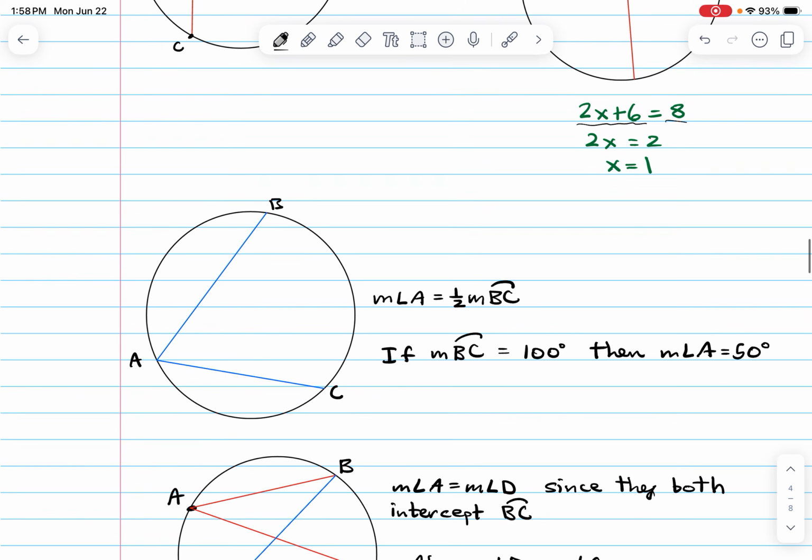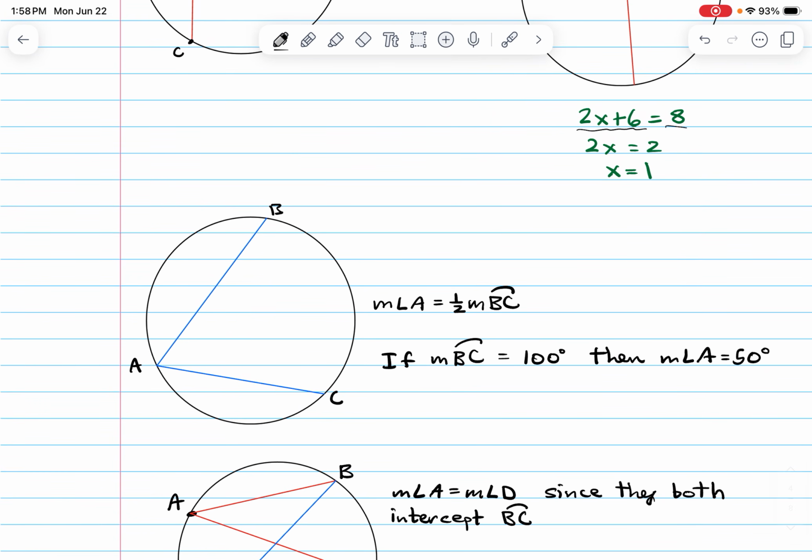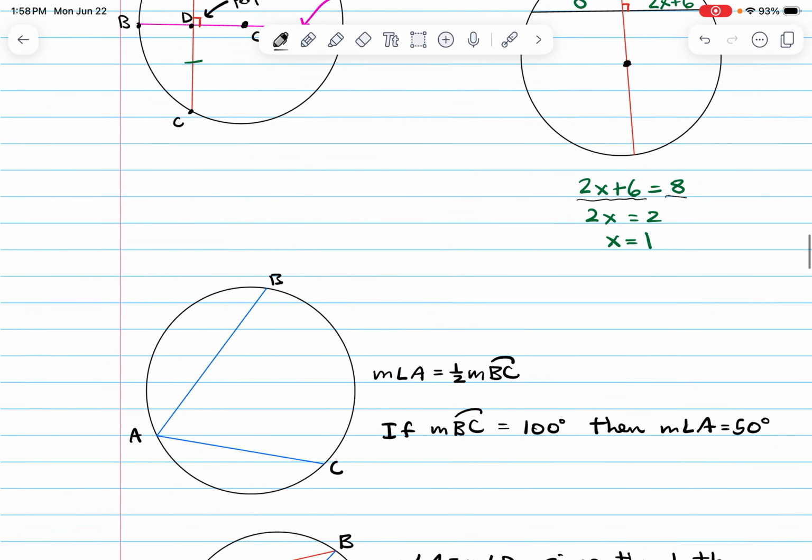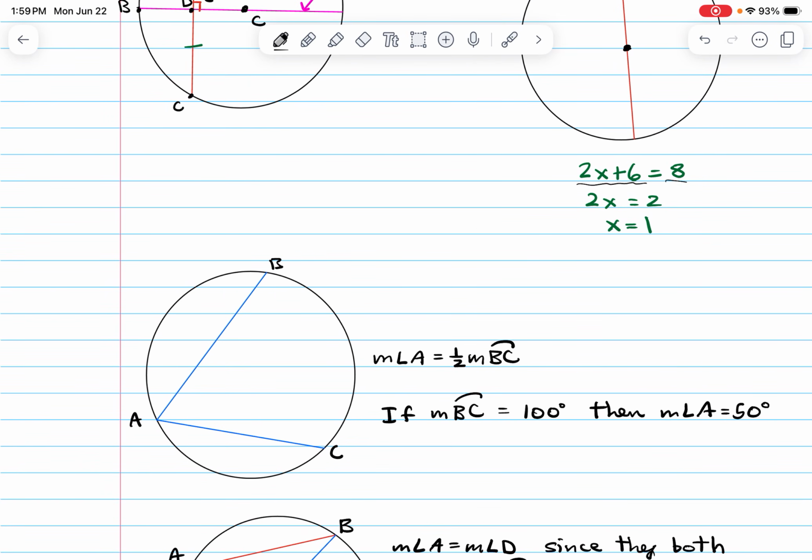Now, let's suppose that we have an angle formed this way. Let's suppose we have a chord and we have another chord, and they form an angle here at A. So you have a picture like this. There is an angle that's been made right here.